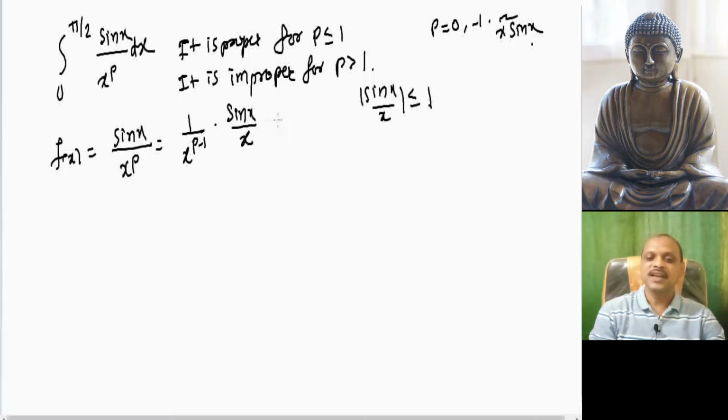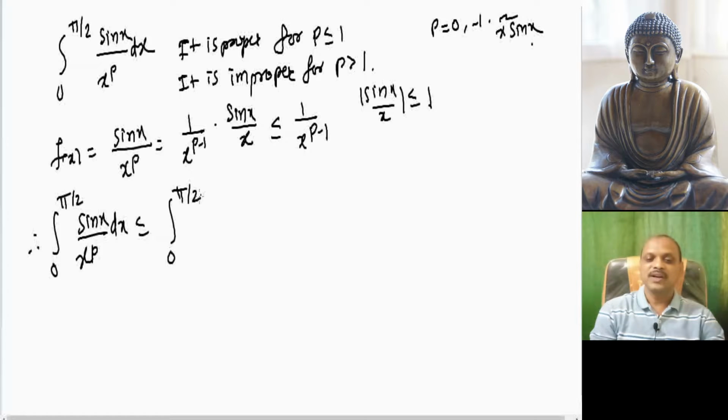So this is less than or equal to 1 divided by x raised to p minus 1, and therefore the integration 0 to pi by 2 of sin x divided by x raised to p into dx will be less than or equal to the integration 0 to pi by 2 of 1 divided by x raised to p minus 1 into dx.